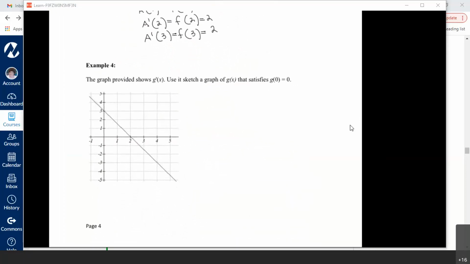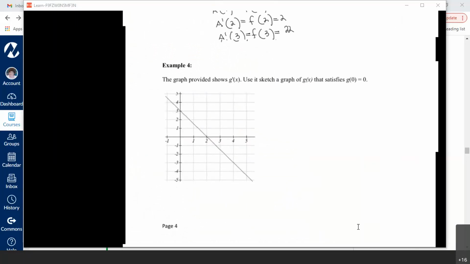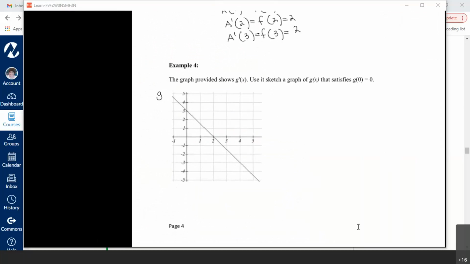Now let's take a look at this one. I know a lot of folks really hate these questions, but they're important for your conceptual understanding. Here is a graph that shows g prime of x, so here's a rate.